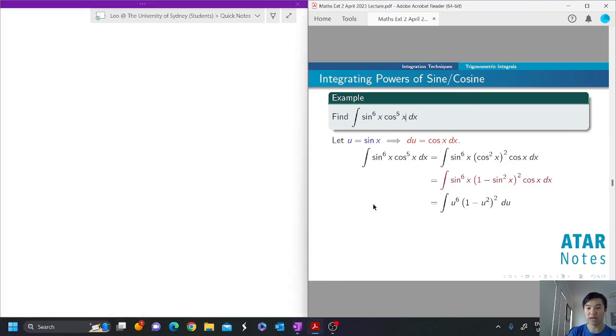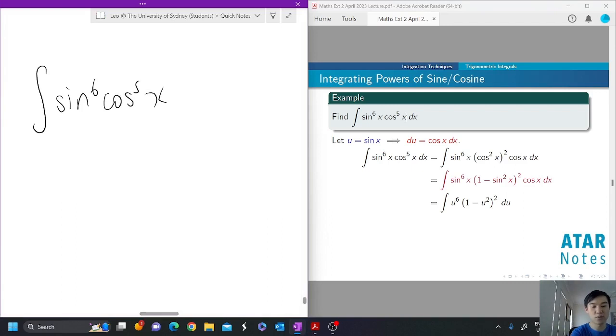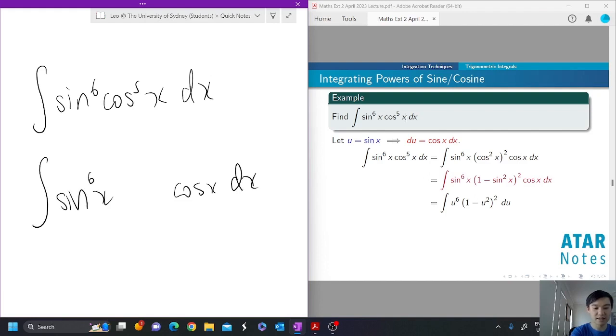So you can break it down, as listed on the slide, by pulling out one of them. So you get a cos x dx, you'll get a sine to the power 6 x, then we're left with a cos to the power of 4. And then you can use your substitution u equals sine x.